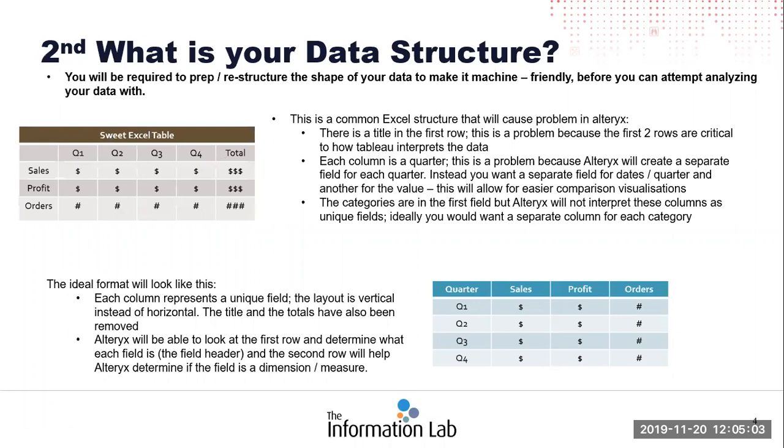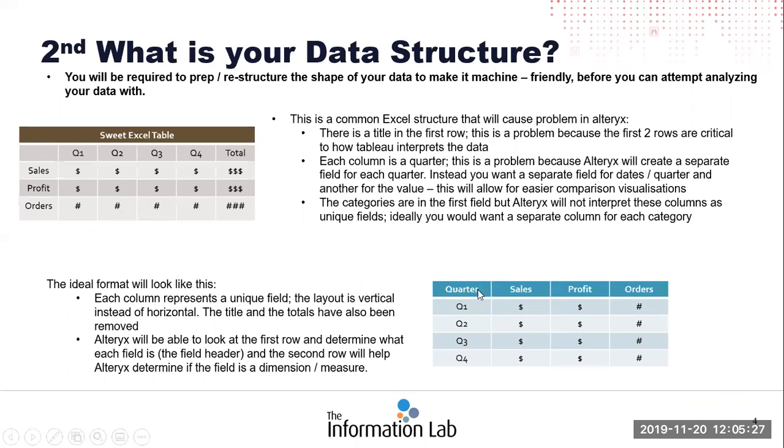Another thing is that each quarter is a separate column. So this is going for this long and wide structure, which is a problem because then you have to pivot it. Because what you want is for each row to be a unique row that represents something different.